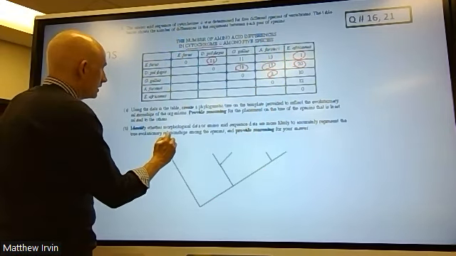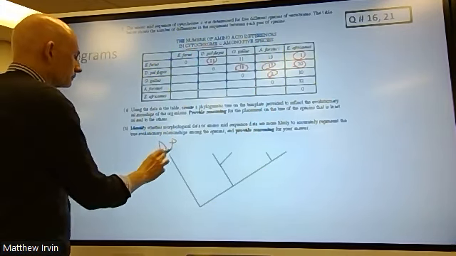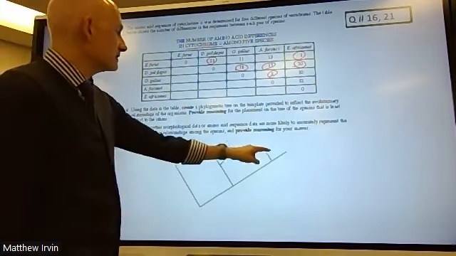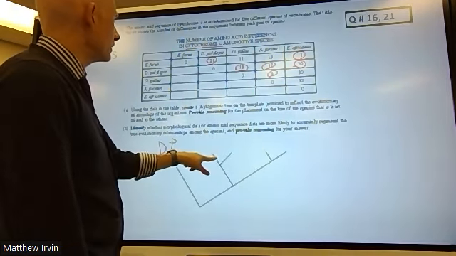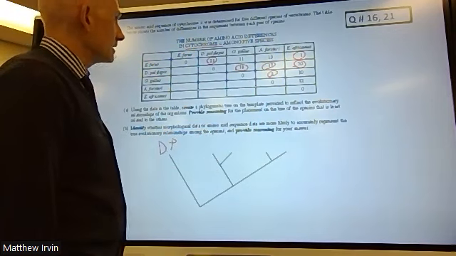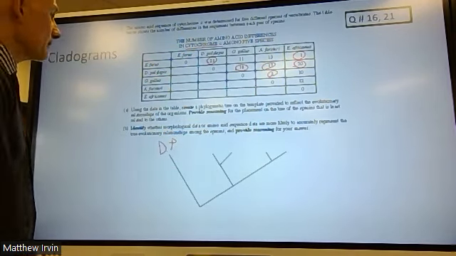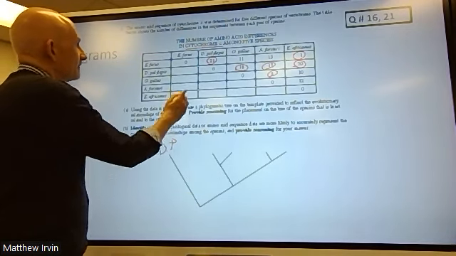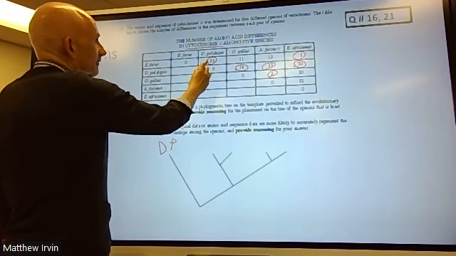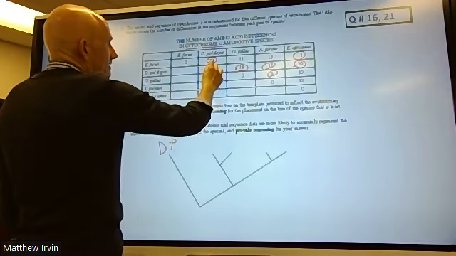So D. polylepis would go there. And so figuring out if this is the E. africanus and E. ferus, if they go here or here, we look at the rest of the data. And what we see is, compared to the D. polylepis, the ferus and the africanus, they have 20 and 21 differences.